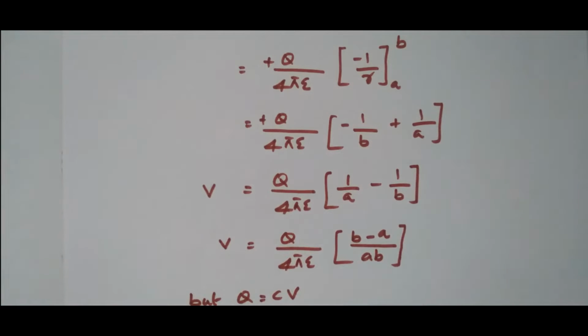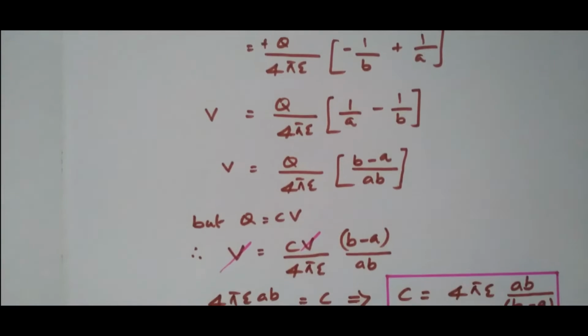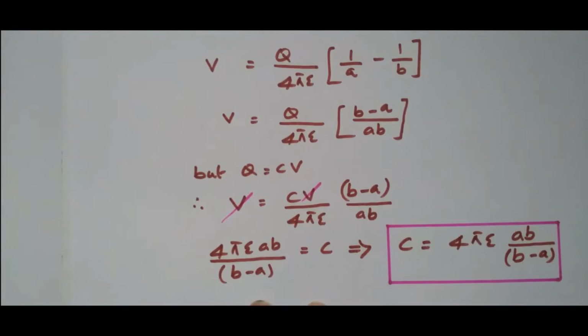But what we need is capacitance. So substitute Q equal to CV. Replace this Q by CV. So V equal to CV divided by 4 pi epsilon, (b minus a) divided by ab. This V gets cancelled. Bring this term to the numerator and that term to the denominator.